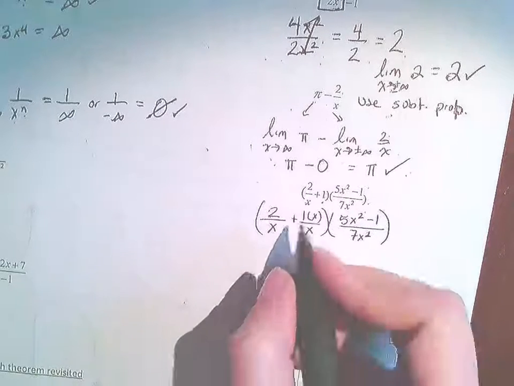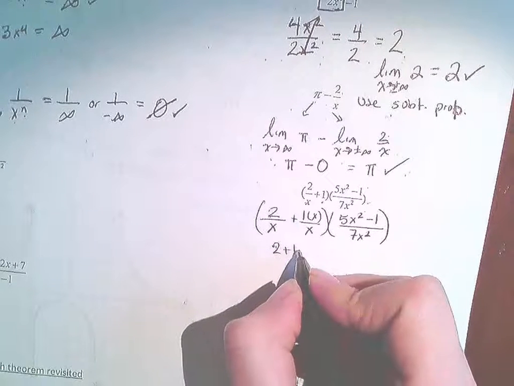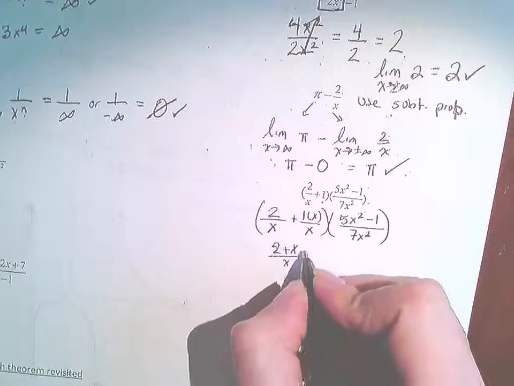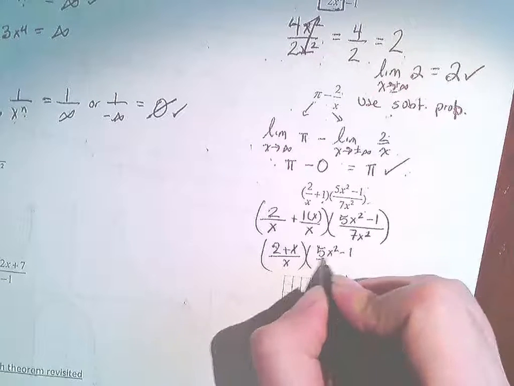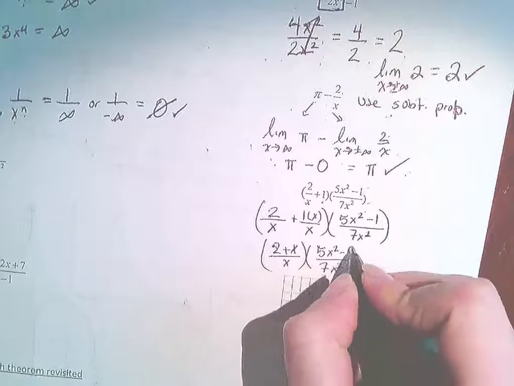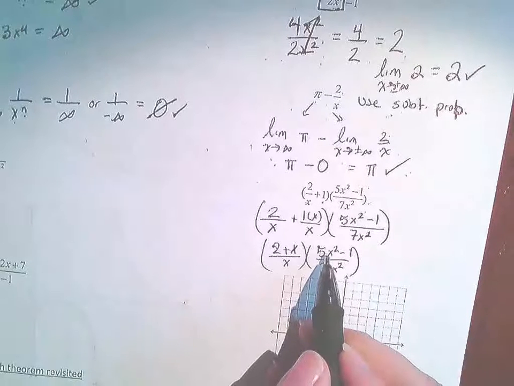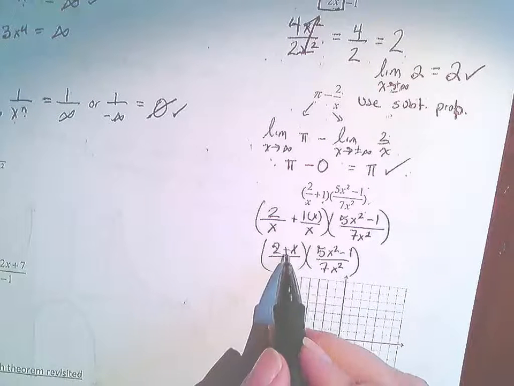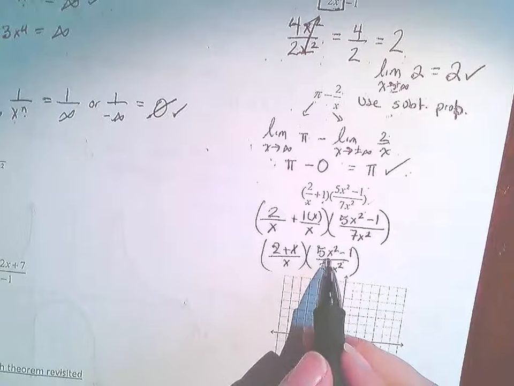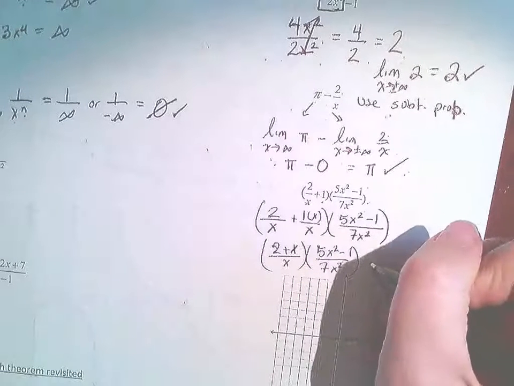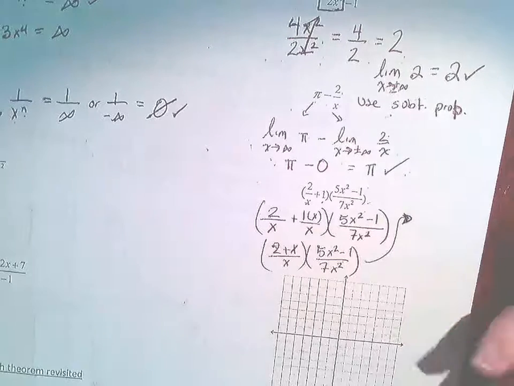Now this becomes 2 plus x over x times 5x squared minus 1 over 7x squared. And now we just multiply the numerators together and the denominators together. But of course, when you want to multiply the numerators, it's a binomial times a binomial. So I'm going to bring it up here just to make sure I have some space.